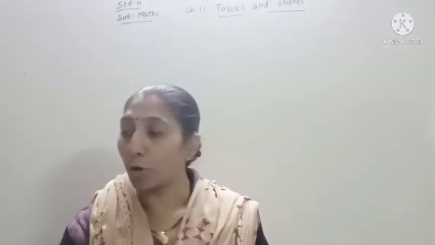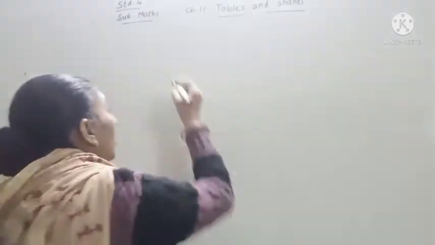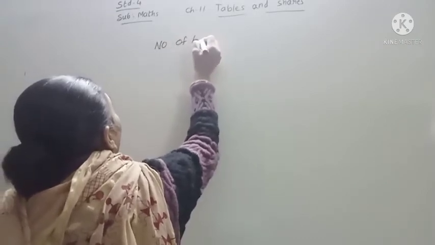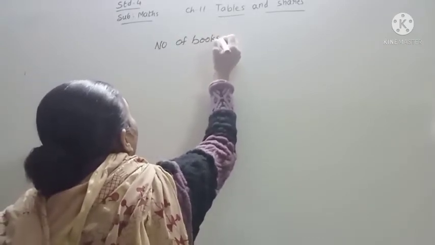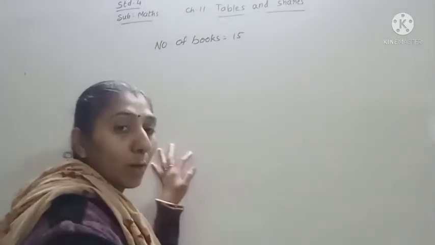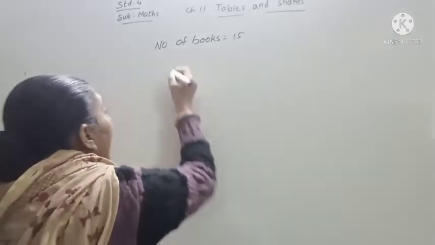Now practice time. On page number 27, practice time. Neelu bought 15 storybooks to her class. Today 45 students are present. How many children will need to share one book? Number of books is equal to 15. How many students are there?